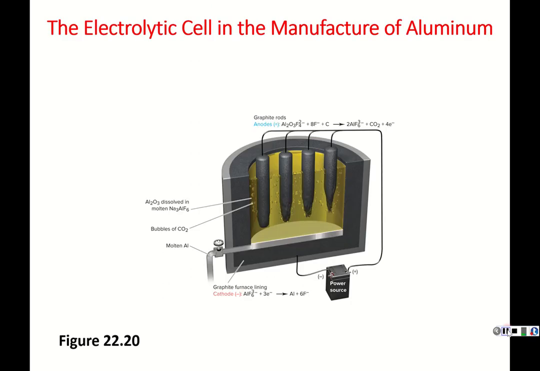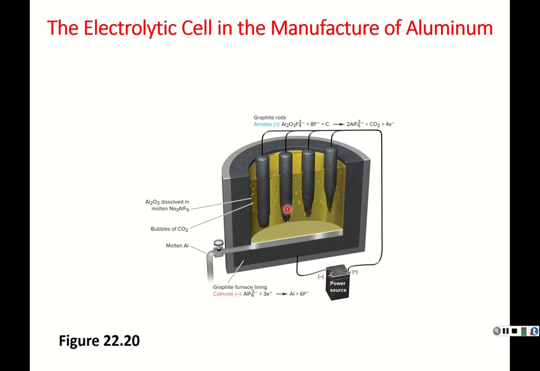So aluminum and alloys made out of aluminum are obviously very important in modern society. Many things are made out of aluminum. One step in the production of aluminum is this electrolytic cell, and the components of it are graphite anodes and a graphite furnace lining.